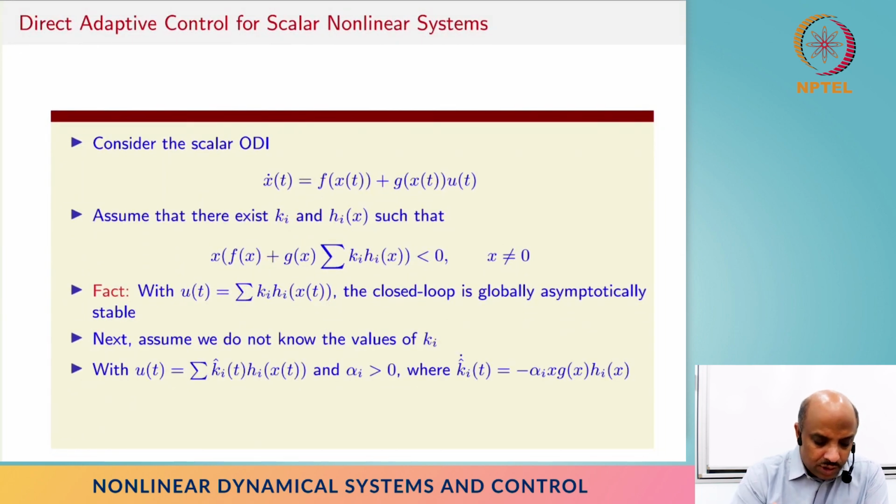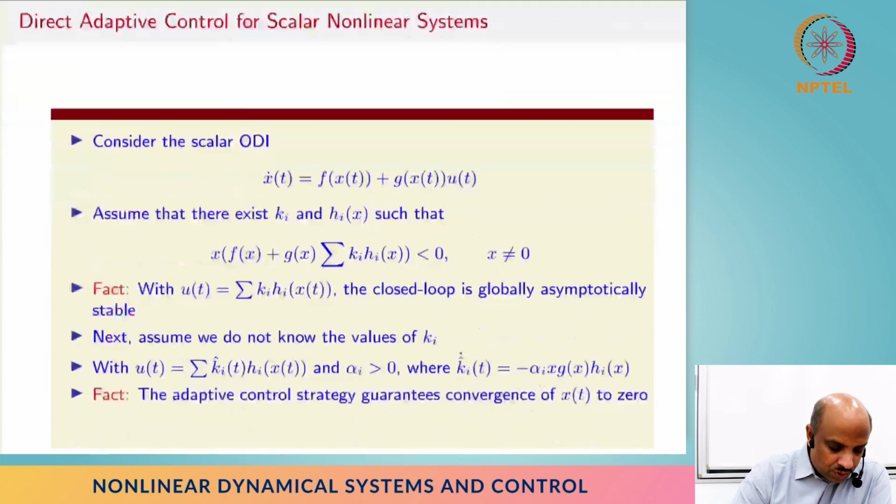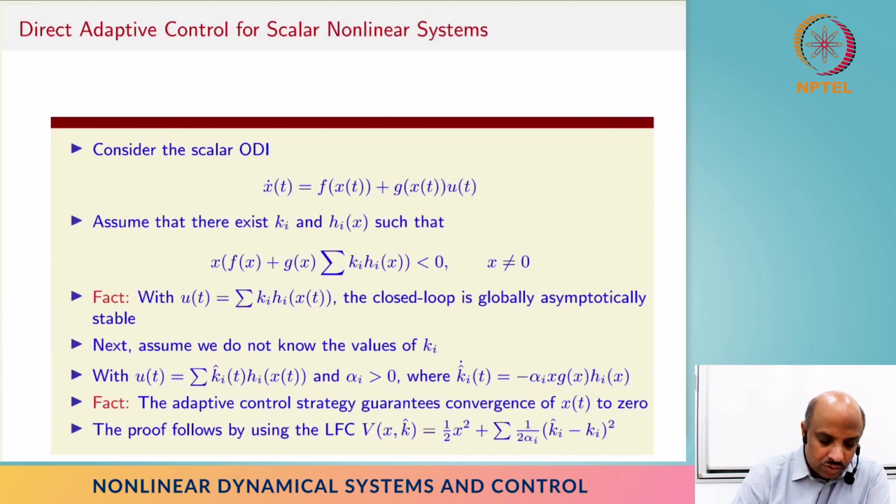So the usual technique is that u of t is going to be replaced by the summation of k hat i times hi, and the k hat i itself follows an update law given by minus alpha i, alpha some positive number, x times g of x times hi of x, right? And then basically we can conclude that the adaptive control strategy guarantees convergence of x of t going to 0.